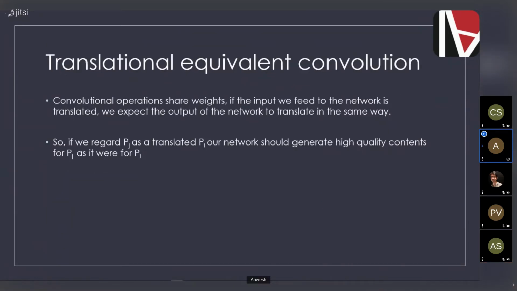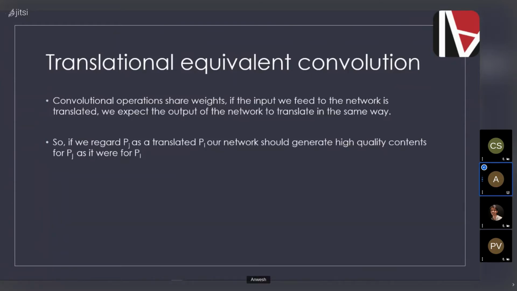Now let's look at the third inference, that is translational equivariant convolution. We know what translation is. Translation is simply a type of motion. We know that convolutional operations share weights, and if the input we feed to the network is translated, then we expect the output of the network to translate in the same way.